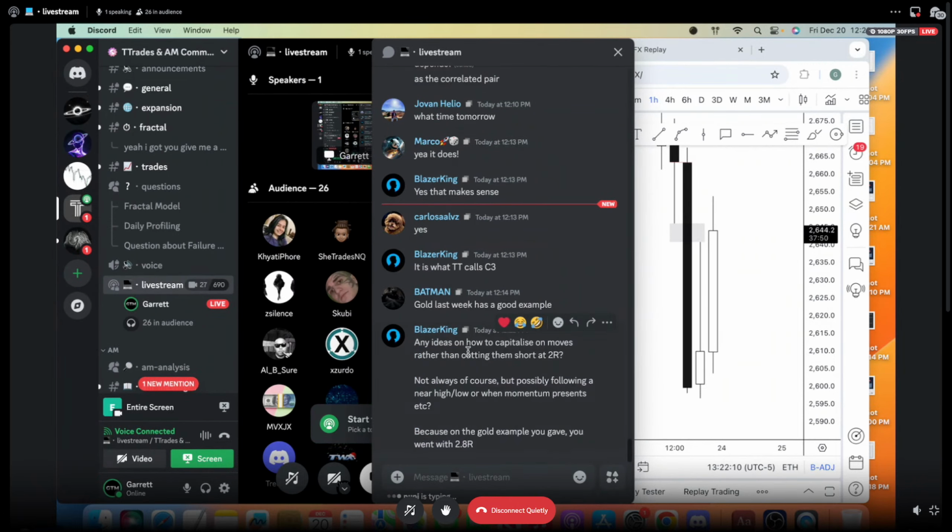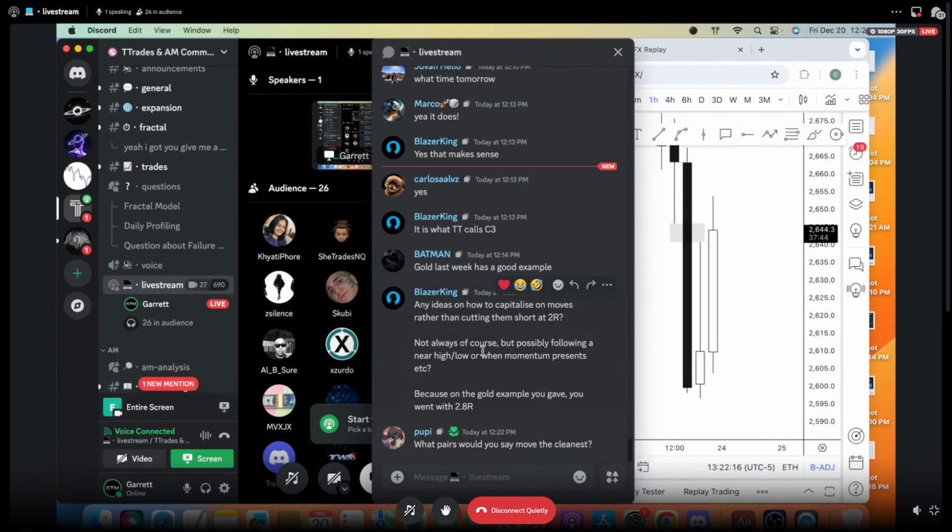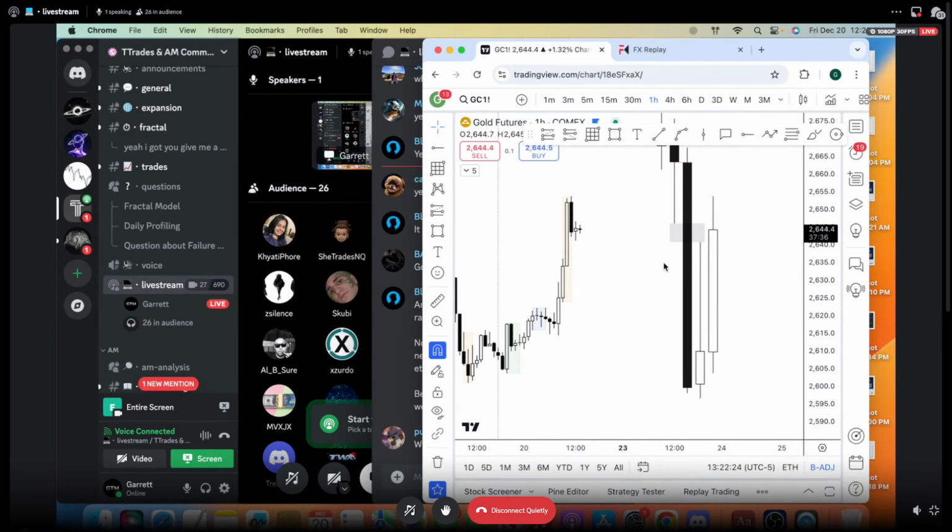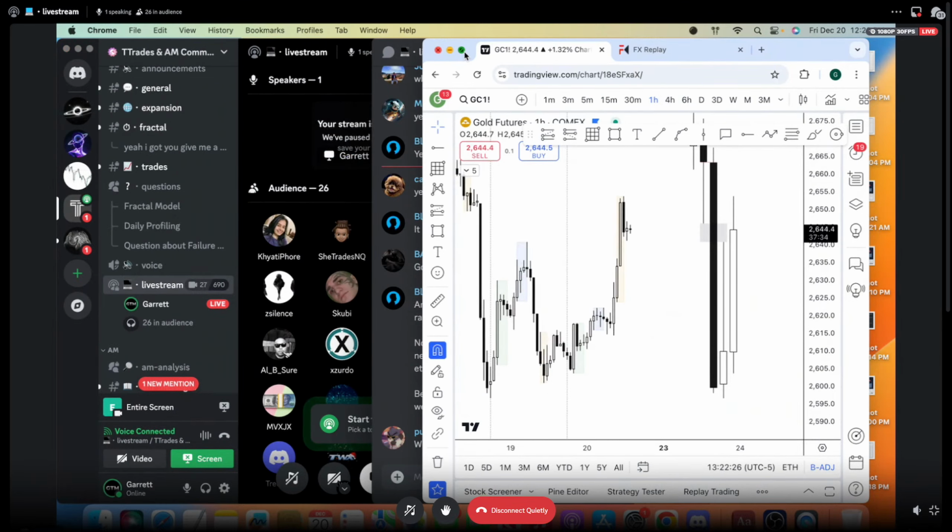Any idea on how to capitalize on moves rather than cutting them short? Sure, not always, of course. It's very scenario based.